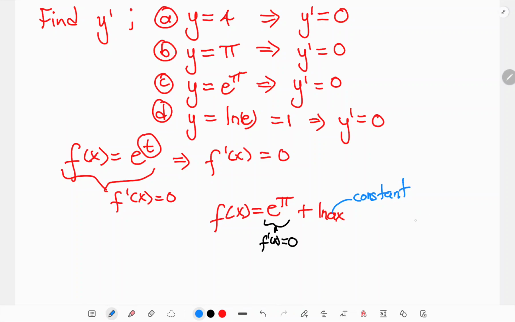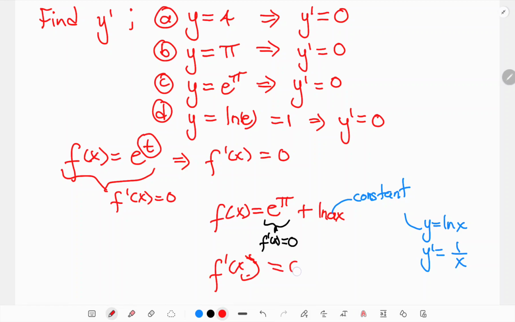What we already know is that if you have y equals ln of x, then y prime is just 1 over x. So in this case, we're going to use the chain rule to find the derivative of this function. What do we have?